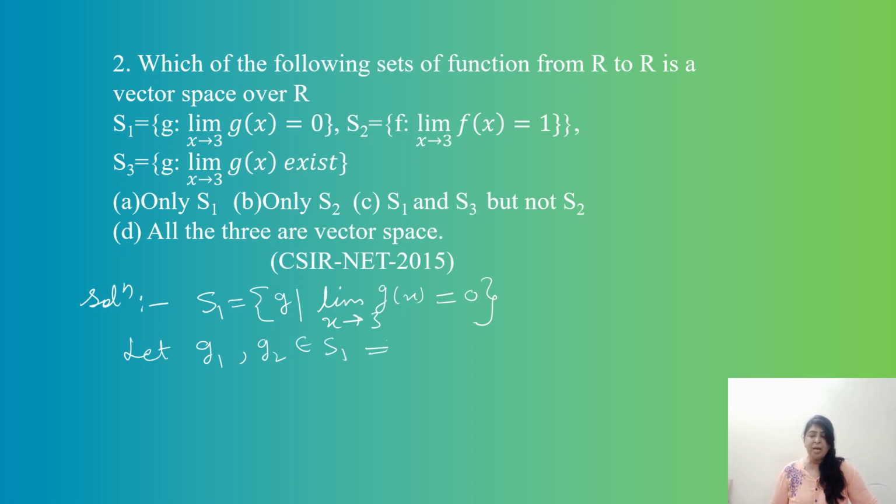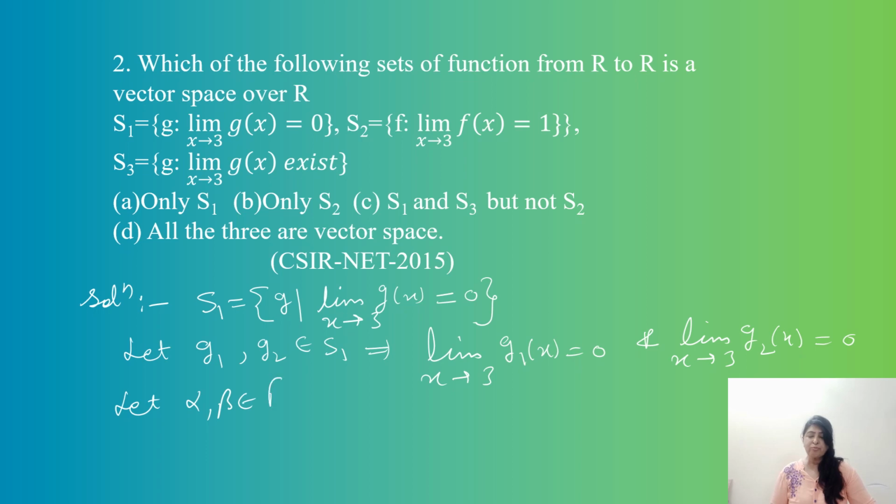So this implies the limit as x approaches 3 of g1(x) is equal to 0, and the limit as x approaches 3 of g2(x) is equal to 0. So the condition for the vector space is, let alpha and beta belong to F.